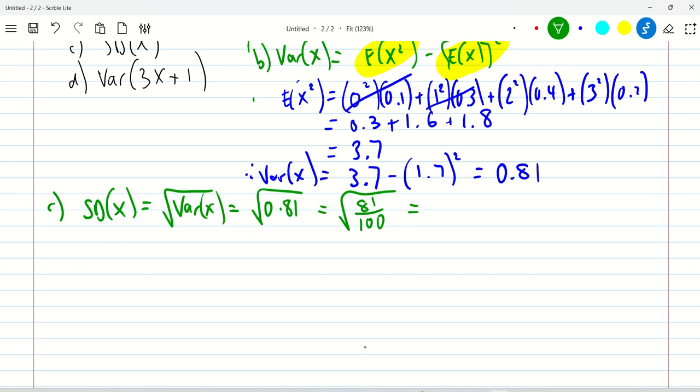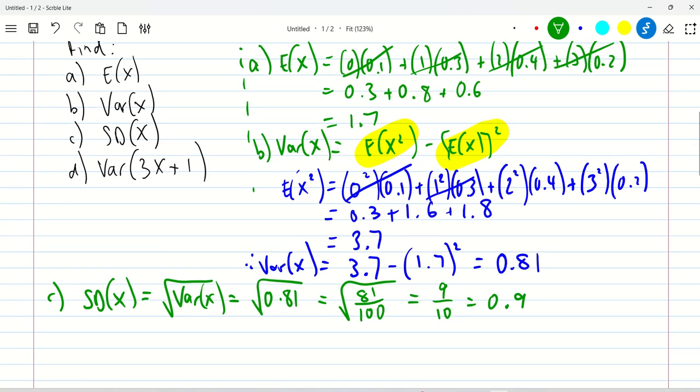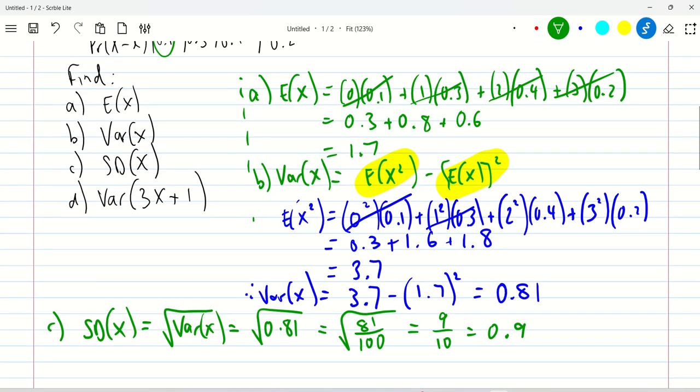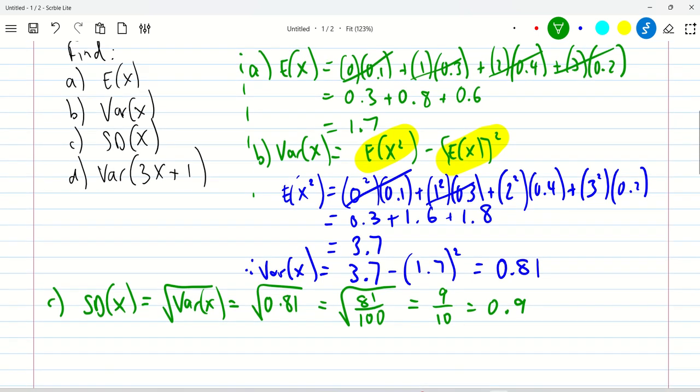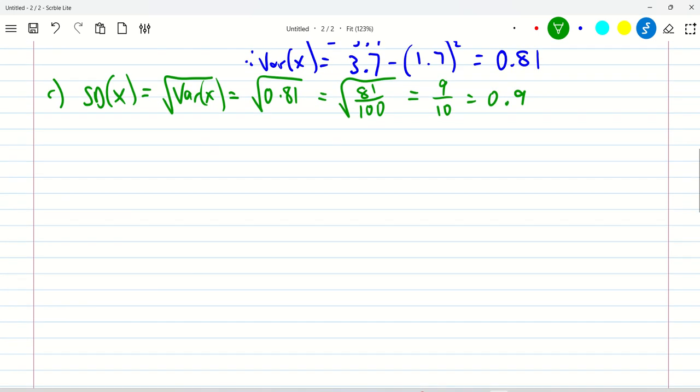The square root of 81 over 100 is 9 over 10, so that's 0.9 as the standard deviation. Okay, so that just means the standard distance that any data value lies from the expected value, from the mean.